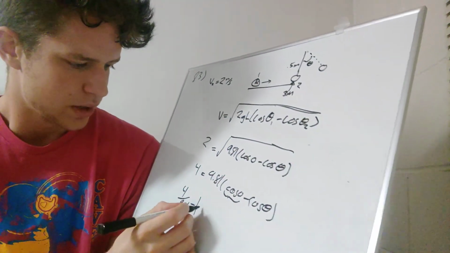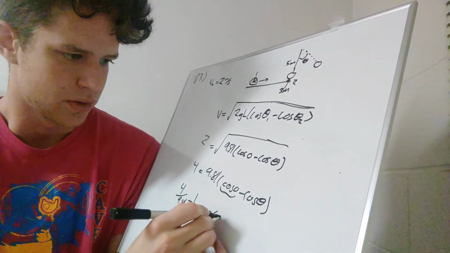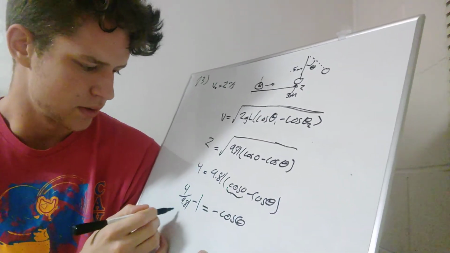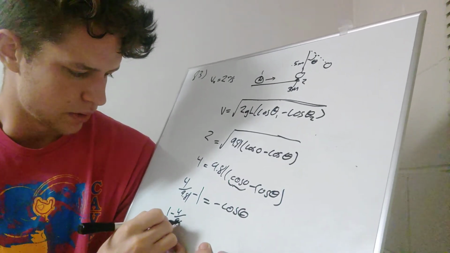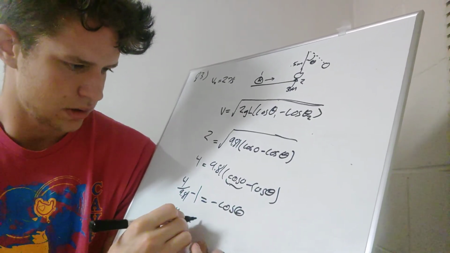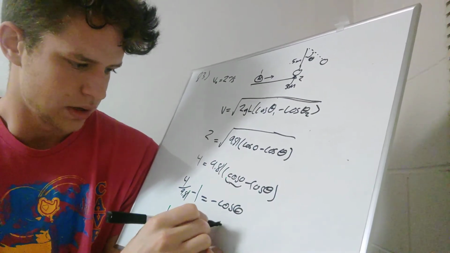So cosine of 0 minus cosine of theta is 1 minus cosine theta. So you can go ahead and rearrange that: 1 minus 4 over 9.81 equals cosine of theta.